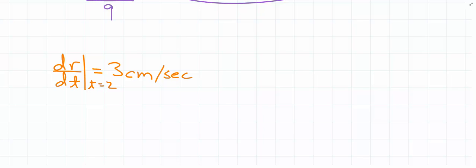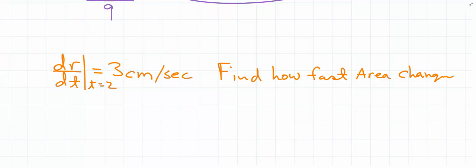Now, we want to find how fast the area is changing. That's what we want to find out. In other words, we want to find dA/dt. So the first thing we think about is, I wish I had a formula for a circle that relates area and radius, okay?